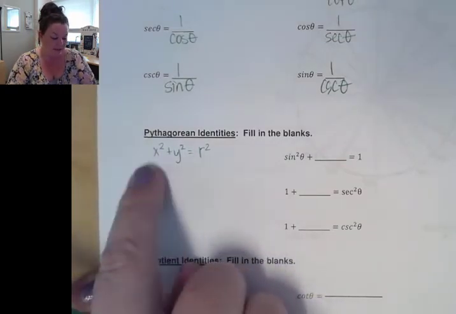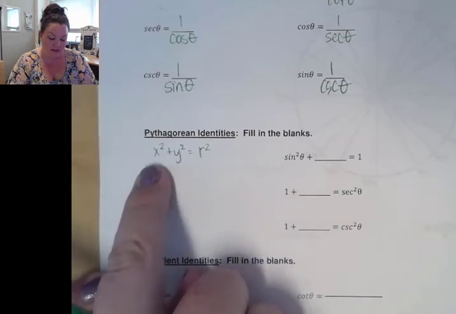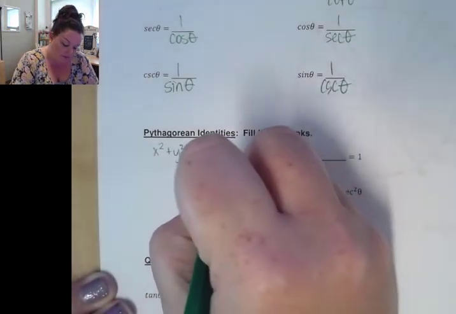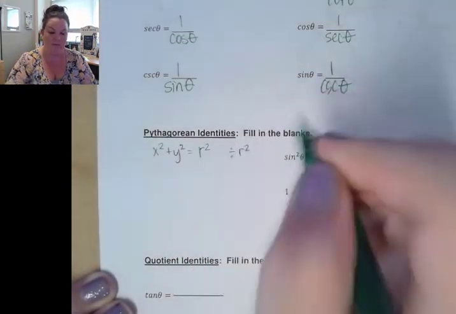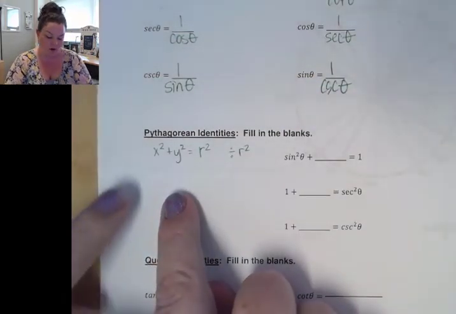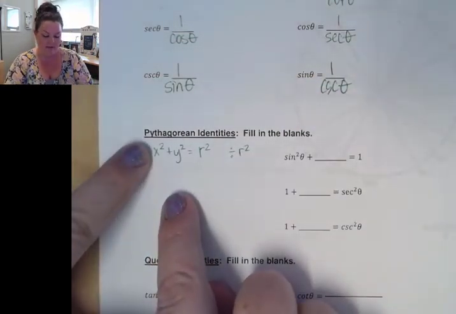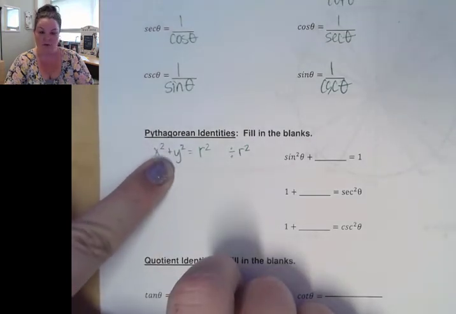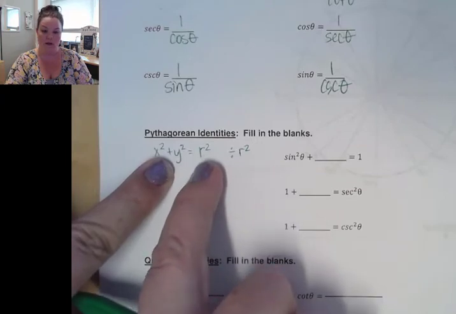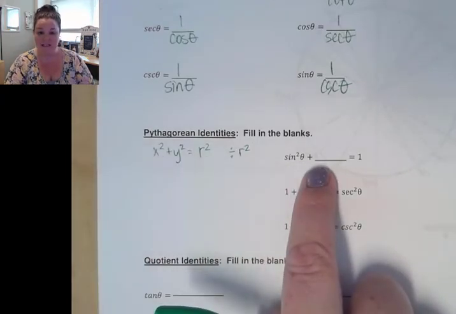So if I were to take this statement and divide everything by r squared, I would have x squared over r squared, I would have y squared over r squared, and then this side would become 1. So that's what's giving us this identity, okay?